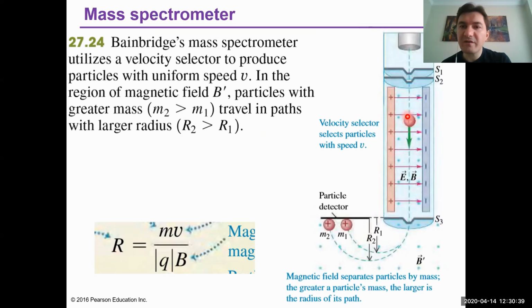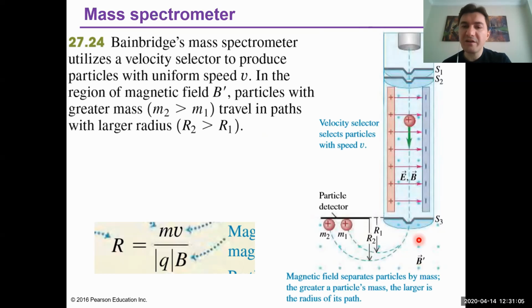So since we have a positively charged particle here, we have an electric force in that direction and a magnetic force in the opposite direction, okay? So if the electric force and magnetic force are equal to each other, this charged particle will go through in a straight line without any deflection, right?